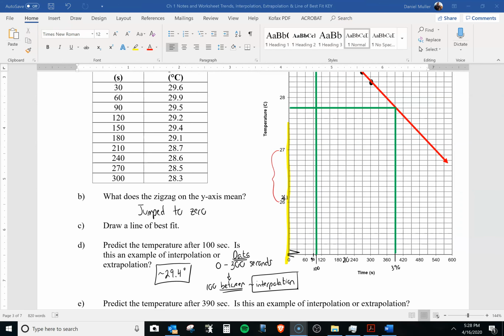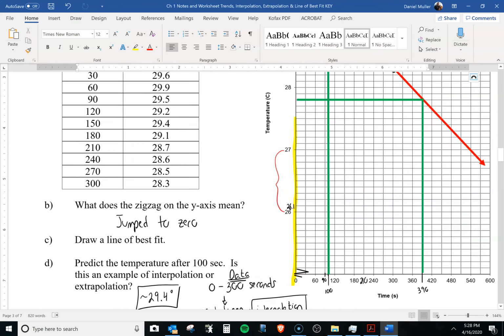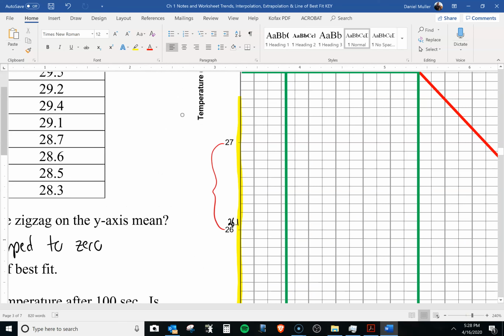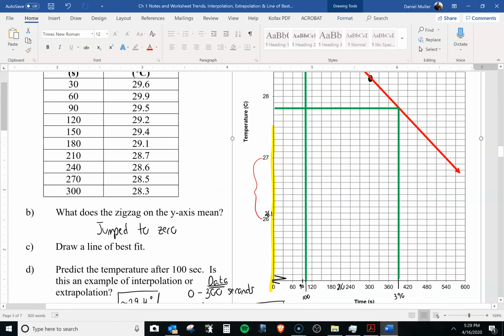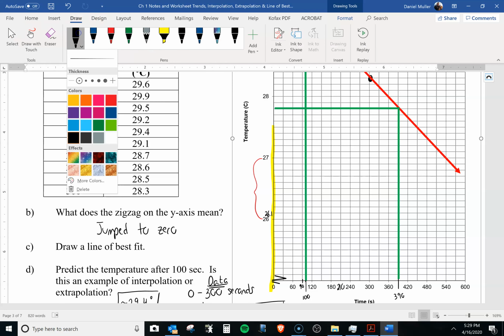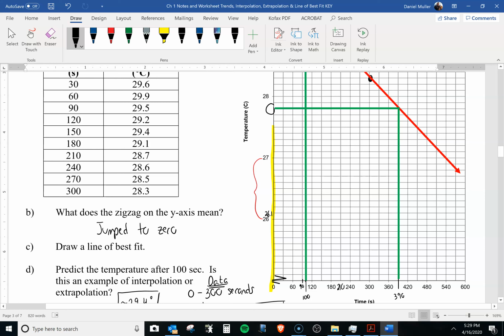So you can see I've used a ruler and gone all the way up here at 390 seconds. I went all the way up and then went over, and now I need to figure out where did I land. So this is 28.